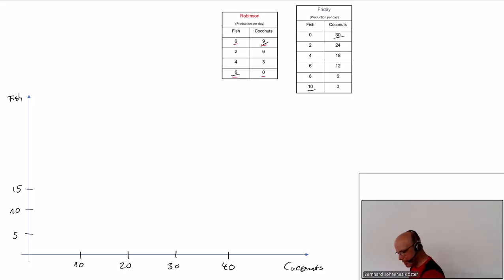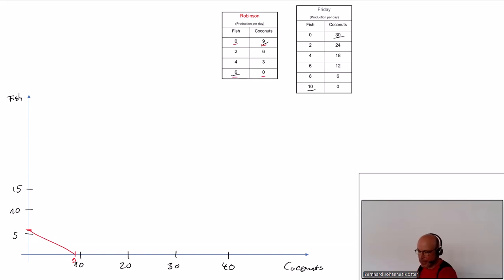I could produce 9 coconuts, no fish, or the other way around, 6 fish and 0 coconuts. So my production possibility would be then just the linear line between these 2 points.